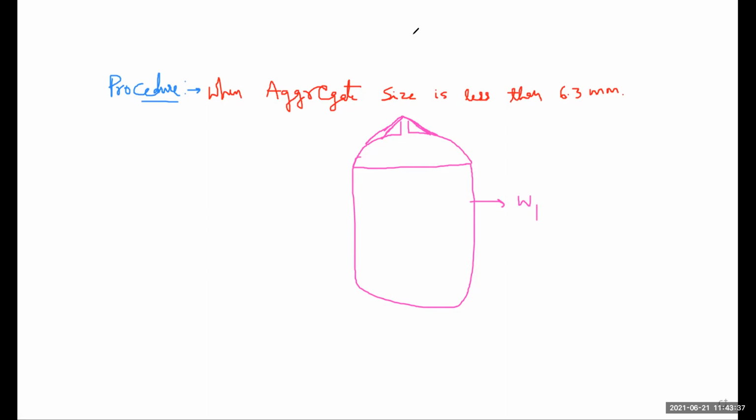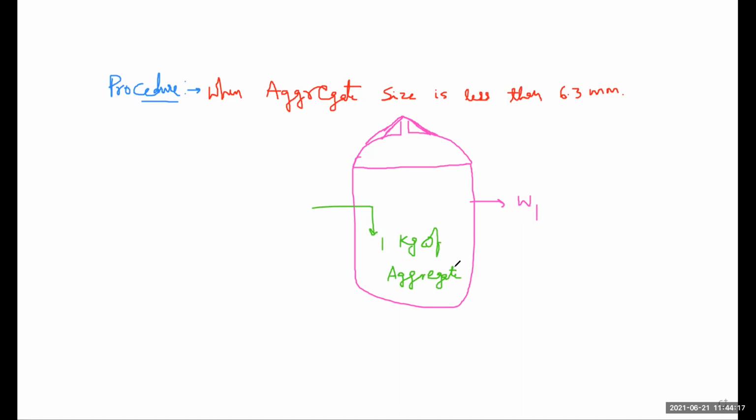So again, 1 kg of aggregate is taken in this pycnometer. Basically, about 1000 gram of clean sample is taken into the pycnometer and is weighed.